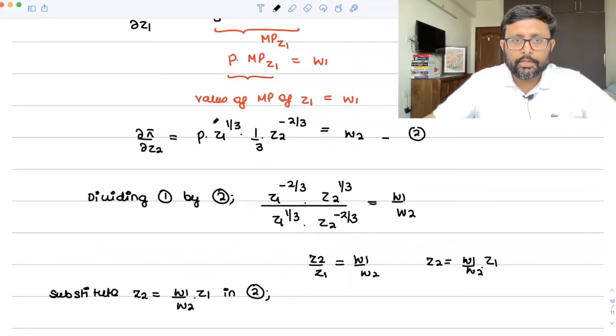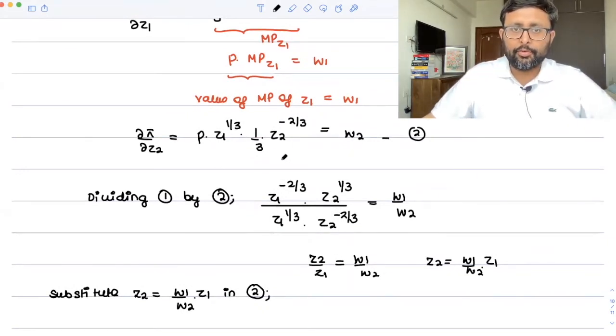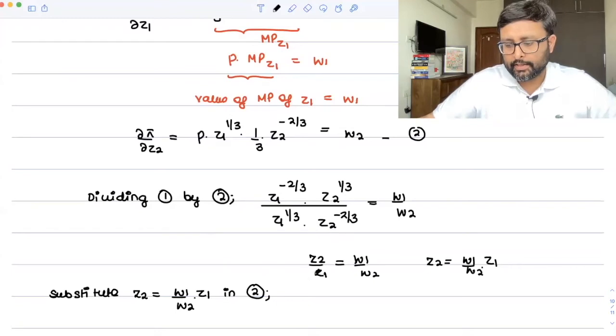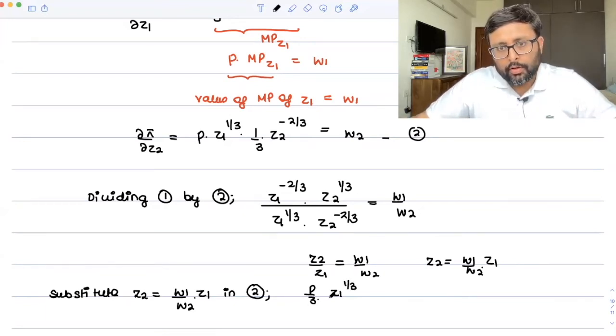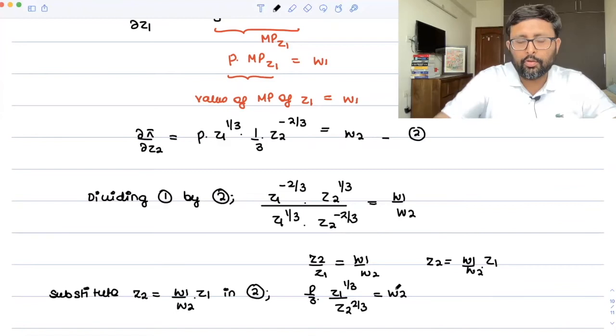But this is what? Z1 to the power 1 by 3 upon Z2 to the power 2 by 3. So I can write this thing as this. P by 3, Z1 to the power 1 by 3 upon Z2 to the power 2 by 3 equals W2.